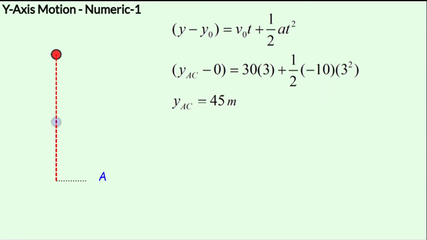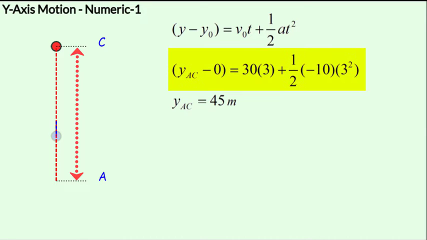Now let's take the red ball, and we again apply the second equation of motion to this ball. The origin is at the bottom, which is at the launch point. The initial displacement will be 0, and the final displacement will be the distance AC, which is not known to us. The initial velocity is 30 meters per second, and this is given, and the acceleration is in the negative direction, so it would be minus 10 meters per second squared.